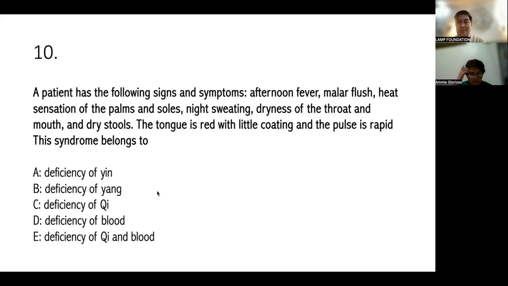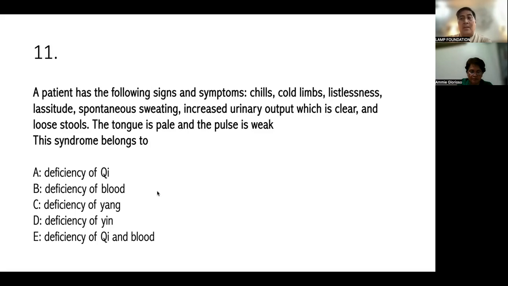Number 11. A patient has the following signs and symptoms: chills, cold limbs, listlessness, lassitude, spontaneous sweating, increased urinary output which is clear, and loose stools. The tongue is pale and the pulse is weak. These belong to letter C, deficiency of yang, because the tongue is pale and the pulse is weak.